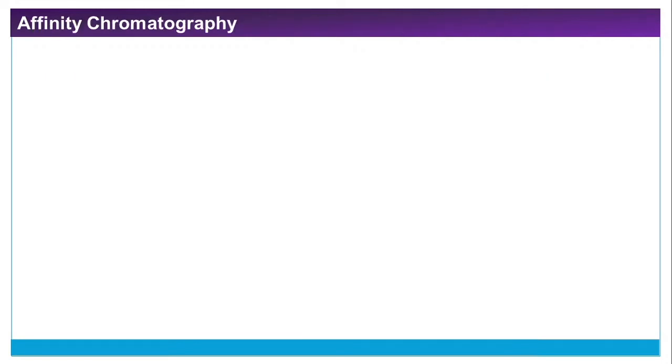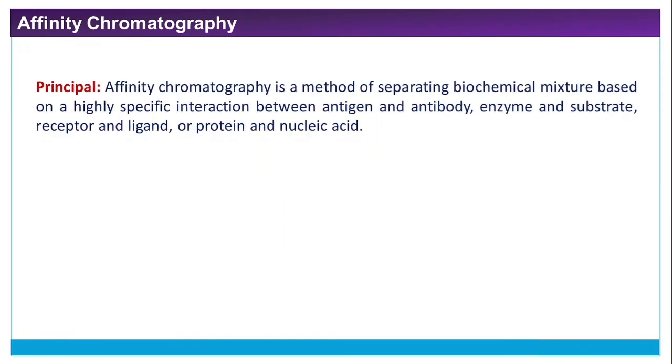Now we will learn affinity chromatography. First we will see the principle of affinity chromatography. Affinity chromatography is a method of separating a biochemical mixture based on a highly specific interaction between antigen and antibody, enzyme and substrate, receptor and ligand, or protein and nucleic acid.